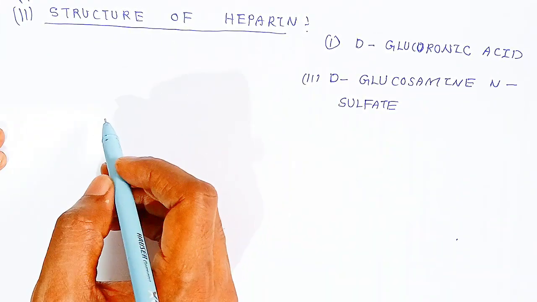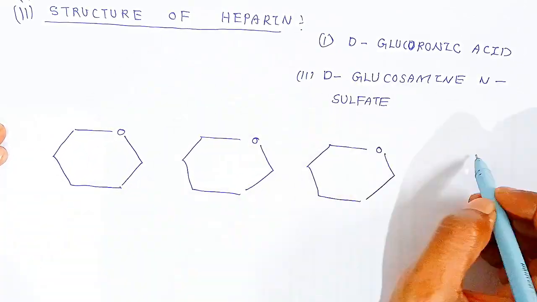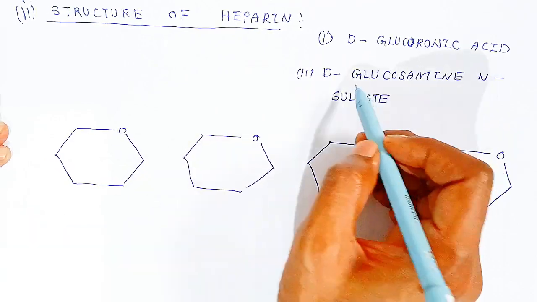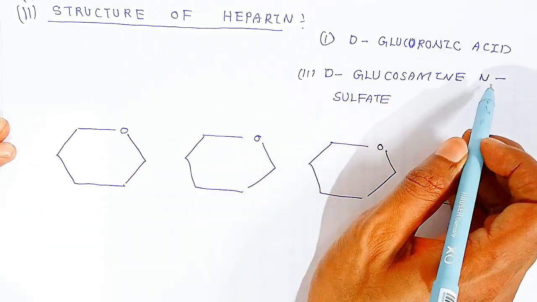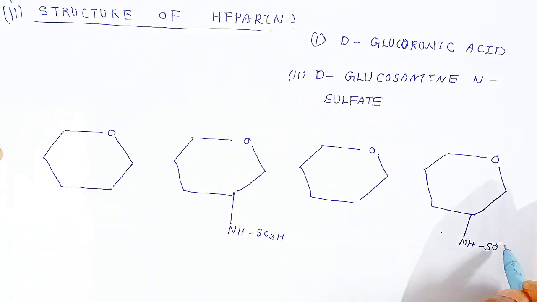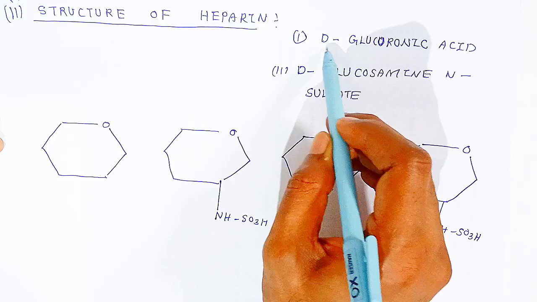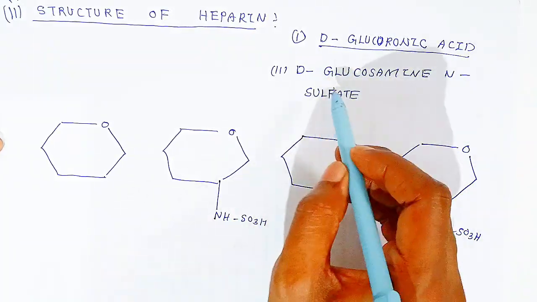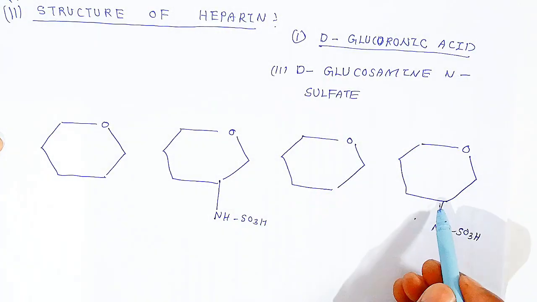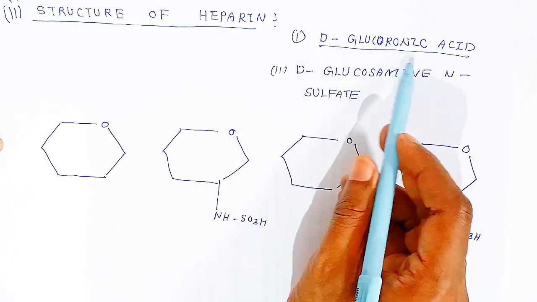Again you have to draw the pyranose ring like this. So this is the structure I am drawing, students. One monosaccharide will be D-glucuronic acid and second will be D-glucosamine N sulfate.